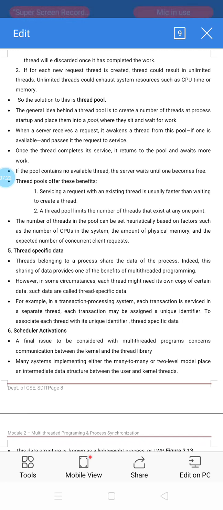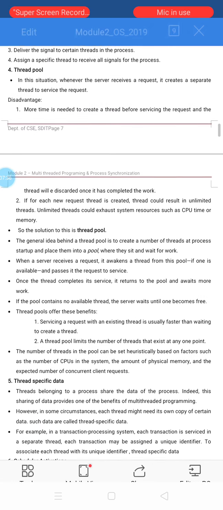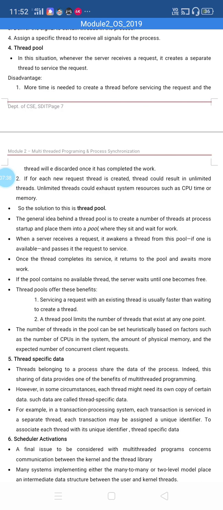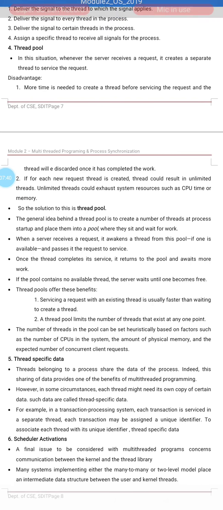How many threads you put in the pool depends on how many CPUs are in the system, how many clients can be requesting at a time, and physical memory. So that is about thread pool. In simple words, when the process starts up, we create some n number of threads and store them in the pool.